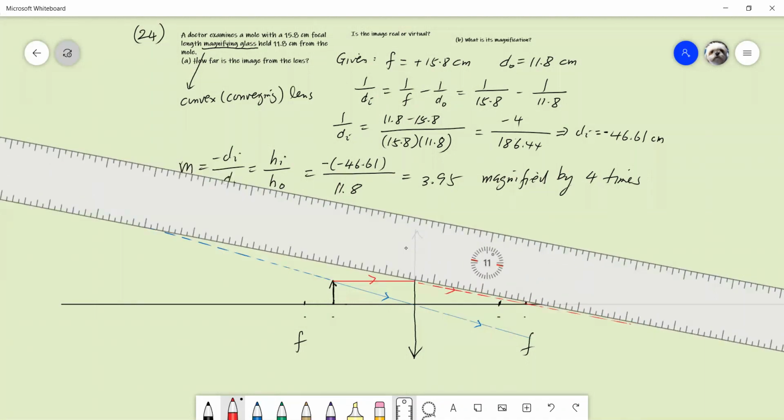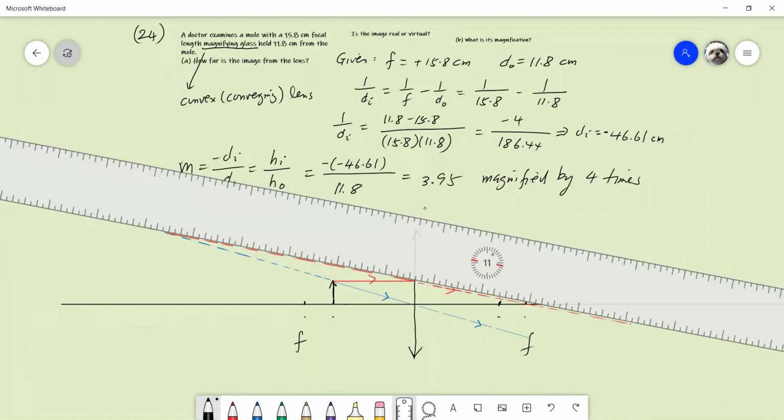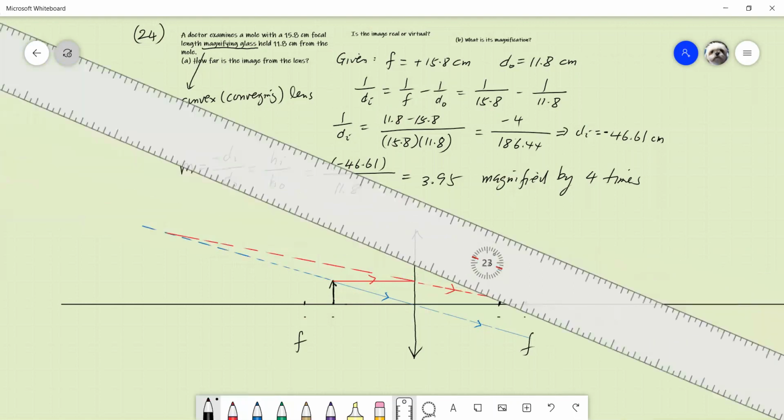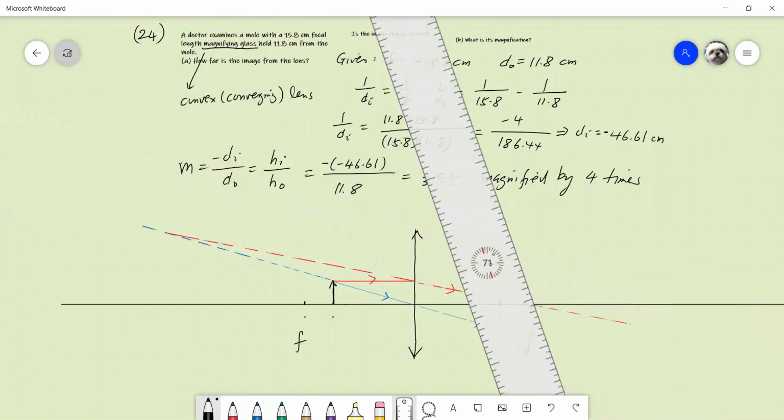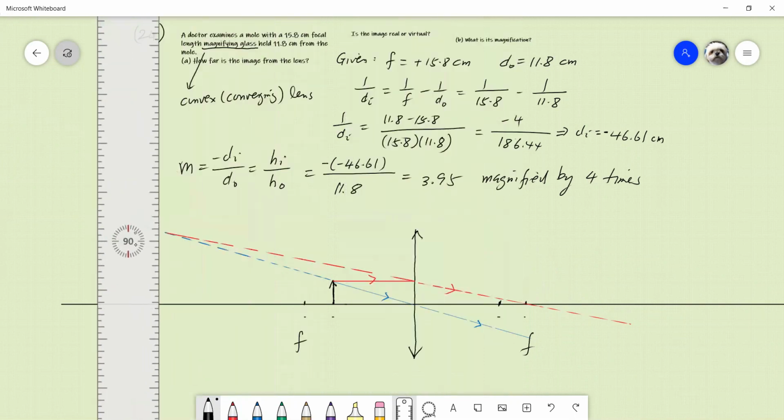Then we're gonna extend this back. Okay, so therefore, where's the location of the image? It's gonna be here, left, right?